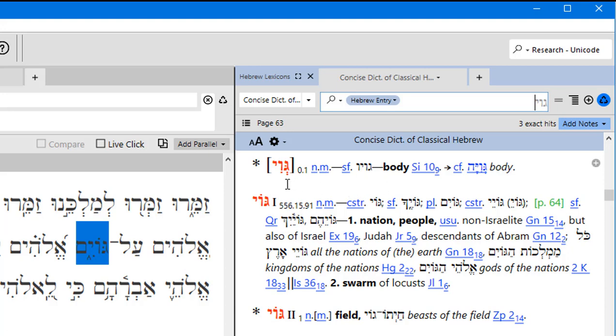It's another word, gavi, which is body, but we're looking for the noun goy, which means nation or people. So here's the entry here. So we can verify then that the plural goyim is in fact the correct spelling for the plural form of goy. So goyim is then peoples.